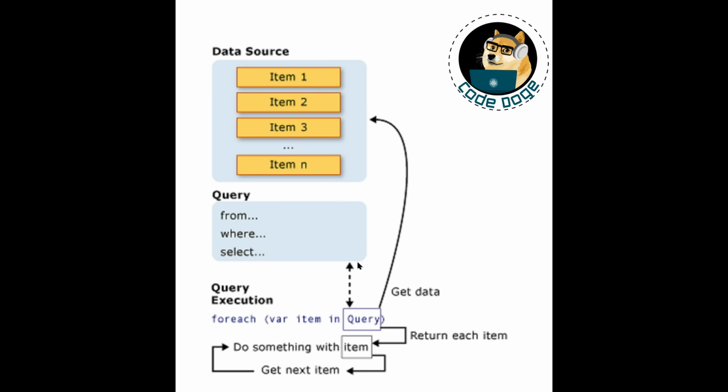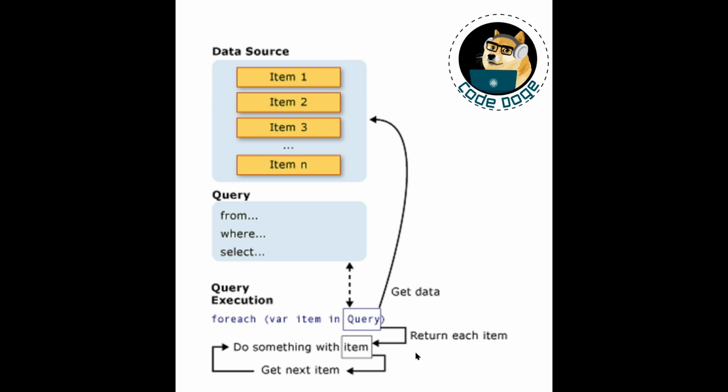At this phase, the query variable only stores the commands for the query. It does not actually execute and get the values from that query until you get to the last step, query execution. In this example, query execution only happens once you actually get inside this loop and it's trying to access that information.